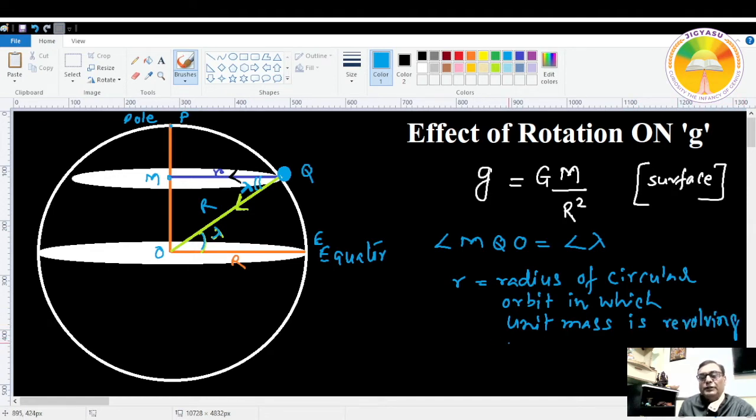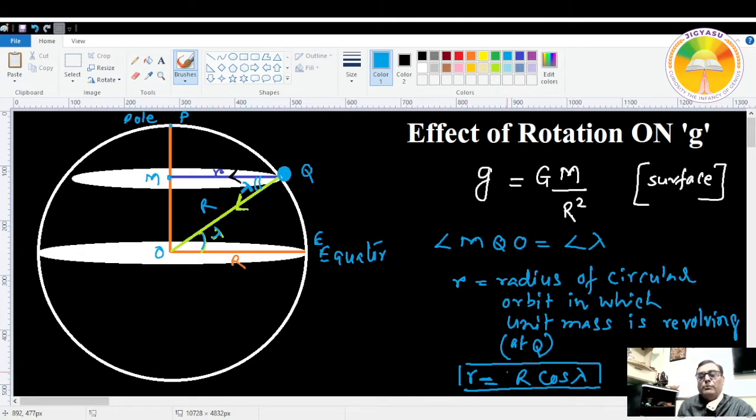This is at Q. Now remember, small r is an unknown quantity. In physics, we replace unknown quantities by known quantities. The known quantity here is the radius of the earth. So small r can be represented as a component of the radius of the earth, R cos lambda.